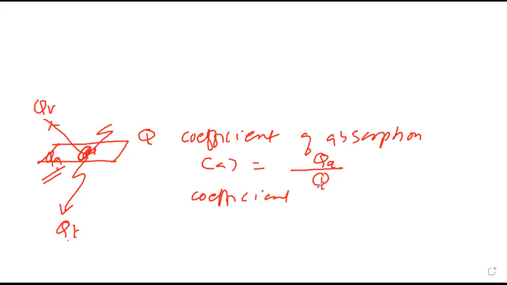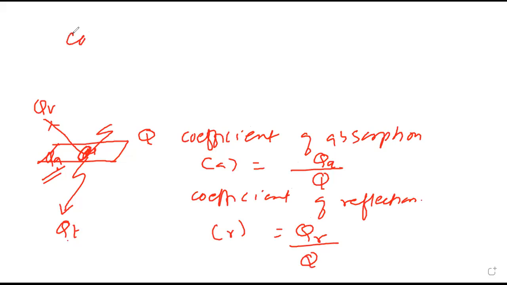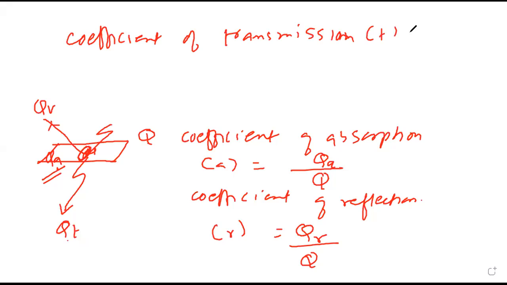Then coefficient of reflection, denoted by R. It is the ratio of radiant energy reflected to incident. Then coefficient of transmission, denoted as T. This is the ratio of the amount of radiant energy transmitted to incident.